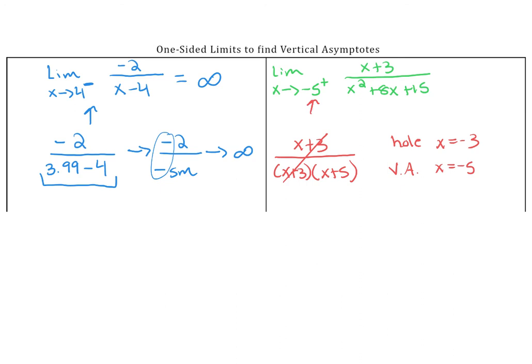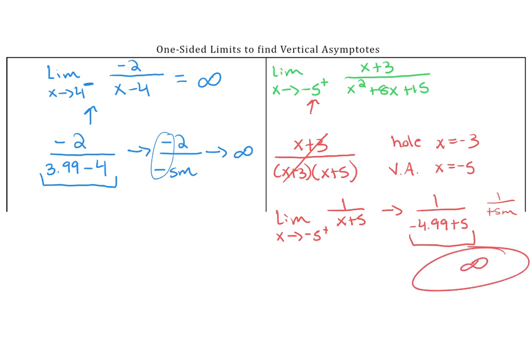And that's where our limit is, and we're approaching from the right. So let's look at the limit as x approaches negative 5 from the right of 1 over x plus 5. Negative 5 from the right, negative 4.99. If we add those together, that will be a very small positive. So that would approach positive infinity.